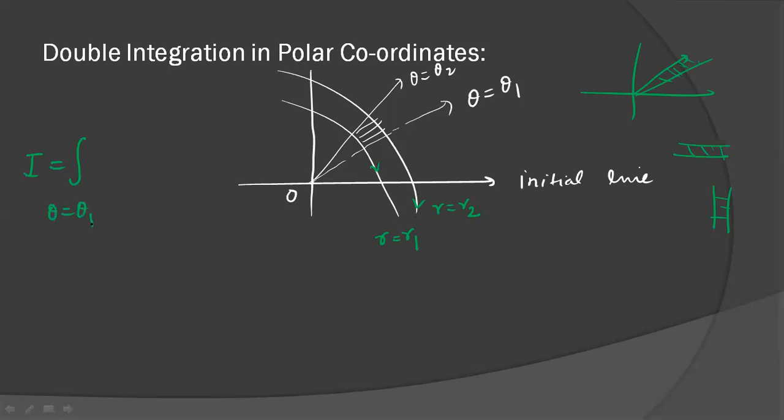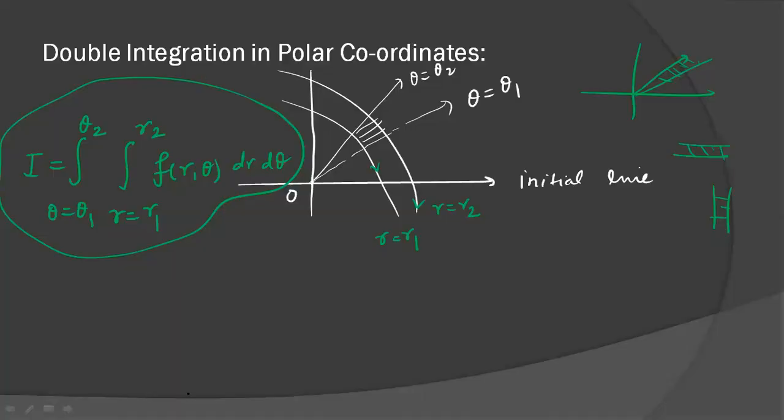The theta limit is constant, theta 1 to theta 2, and the r limit is r1 to r2, and f is a function of r theta, dr d theta. So this is the representation of double integration in polar coordinates.